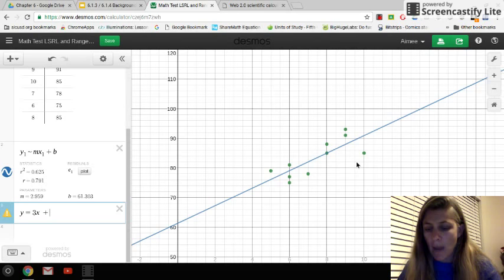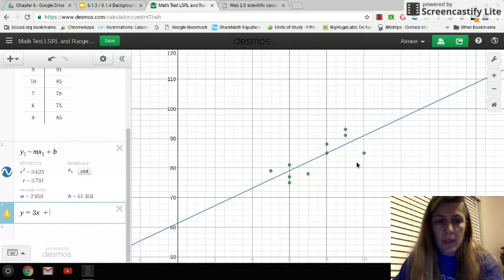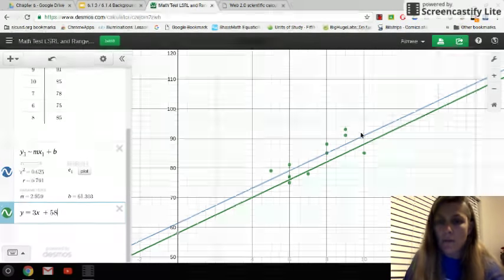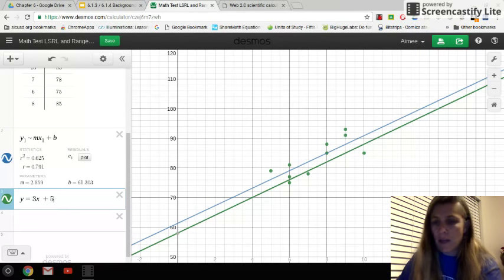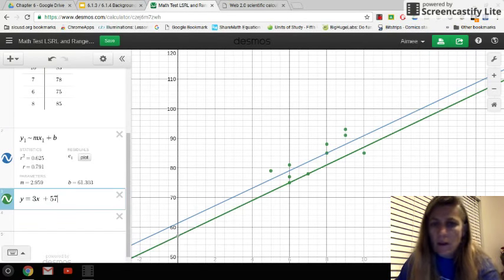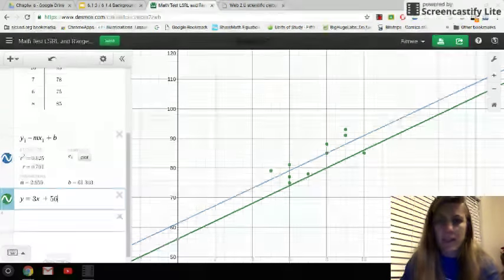Let's try 58. Okay, it's not quite through there, so we'll try 57. Also too high, so we're going to try 56, getting closer.